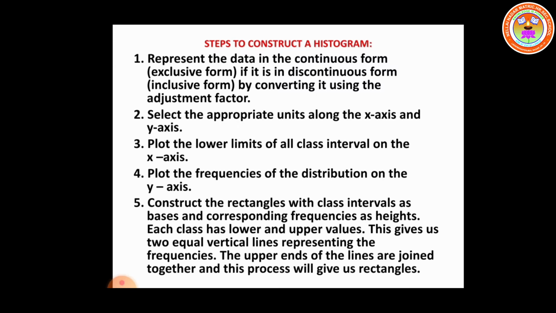Second step, select the appropriate units along the x-axis and y-axis. Third, plot the lower limits of all class intervals on the x-axis. Fourth, plot the frequencies of the distribution on the y-axis. Fifth, construct the rectangles with class intervals as bases and corresponding frequencies as heights.